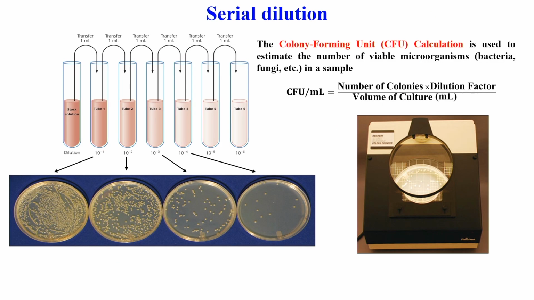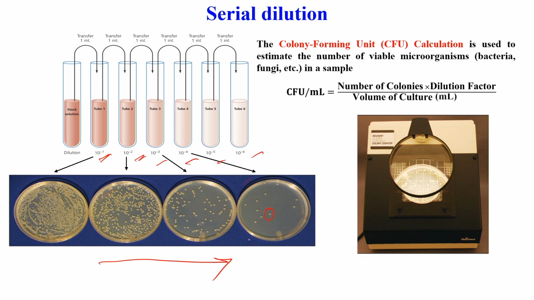Now, next one you are going for the serial dilution. You can have different dilutions, and as you are increasing the dilution, you can see the number of colony are significantly decreasing, and what is assumed that one colony is formed from individual microbe.